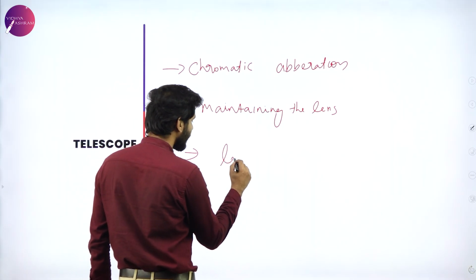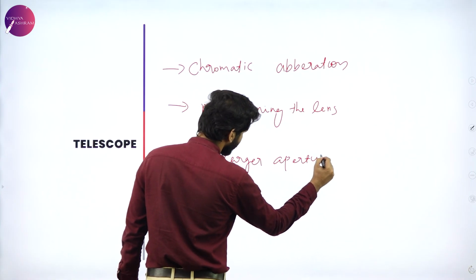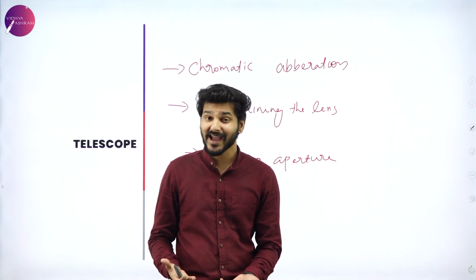So a larger aperture is also required. All these are disadvantages of a refracting telescope.